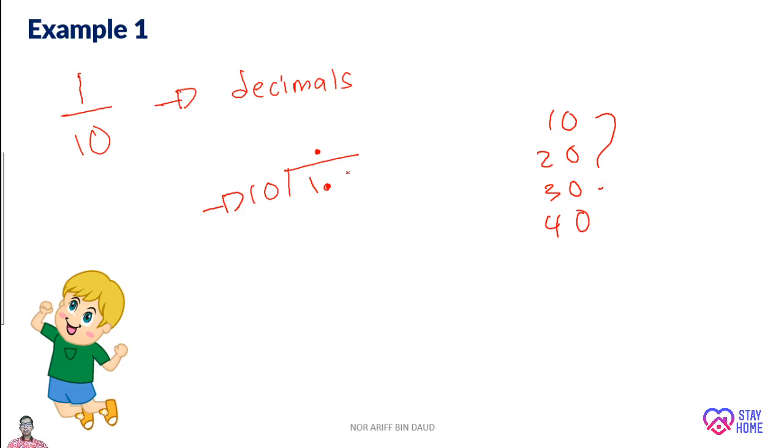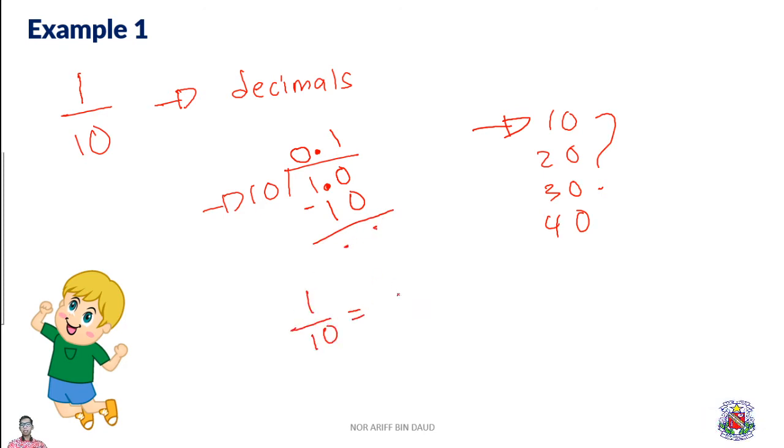After you put the decimal, put 0, so 1 0 here, and then 1 0 here. Now the number already becomes 10. So put 10 here, 1, because 1 times 10 equals 10. So 1 over 10 equals 0.1. Okay, this is example 1.